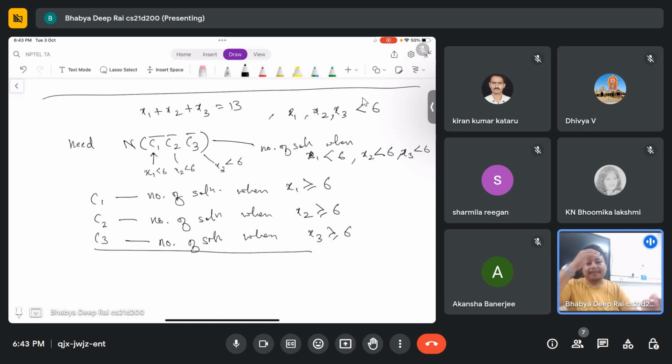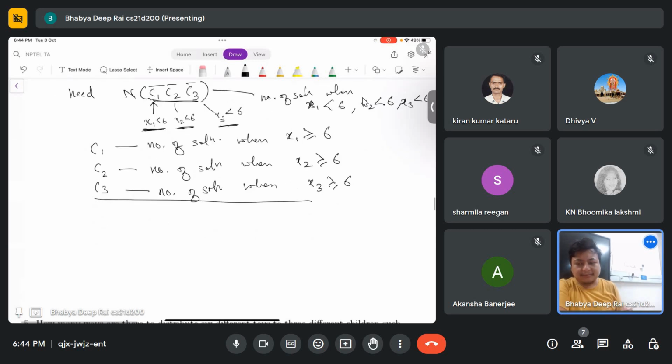That is the logic. This requires some thought, but please let me know if you want me to explain this once again. The idea is that when we calculate the complements, we exactly get what we want, whatever the question is asking: the number of solutions when x1, x2, x3 are all at most 6.